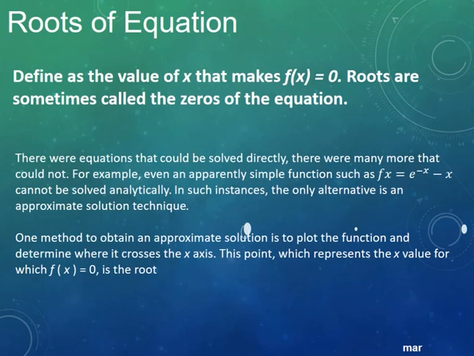If your guess is wrong, you guess again. Then evaluate f of x again whether it equals 0. And the process is repeated until a guess is obtained that results in an f of x that is close to 0. The problem is it is very inefficient and takes a long time, no? It will take you more time if you keep guessing and then evaluating the value of f of x again.